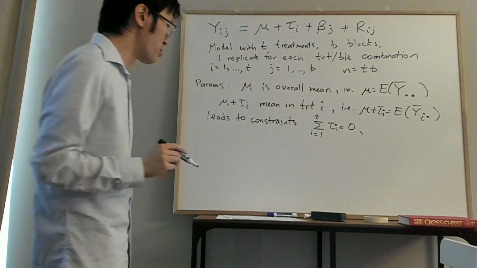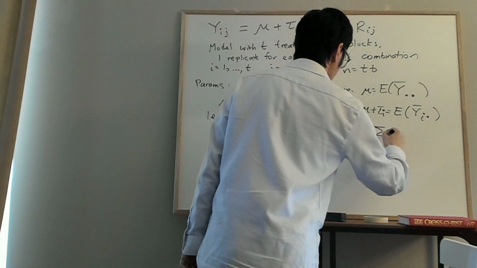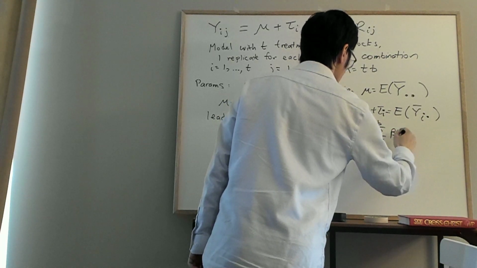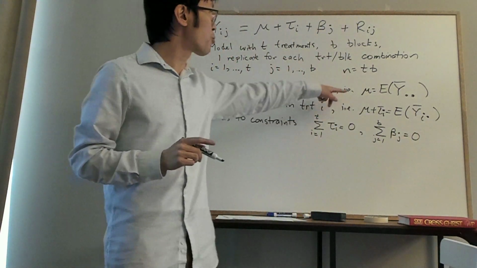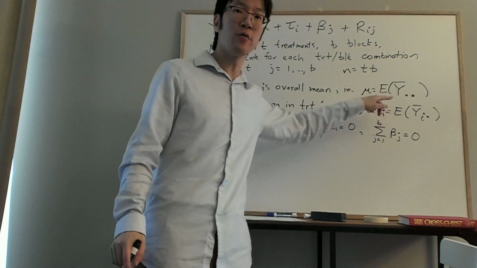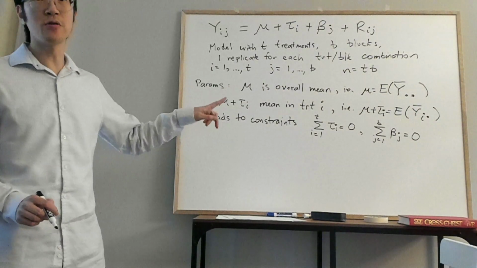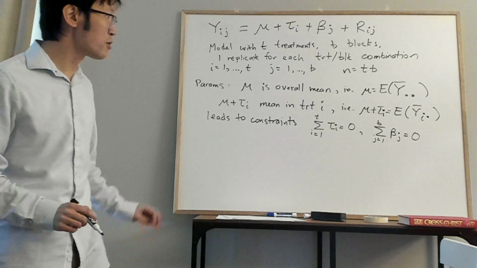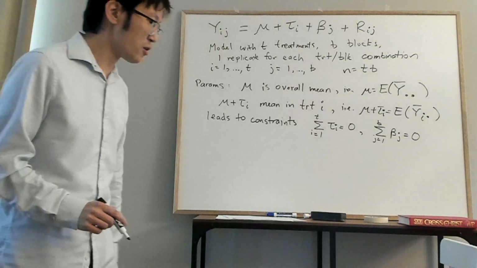The other is a constraint on the block parameters: the summation of beta j is 0. These constraints can be verified by working out the expressions for these two expected values. Those derivations are very similar to one on one of your earlier practice sets. Make use of the fact that the y bars are linear combinations of normals.